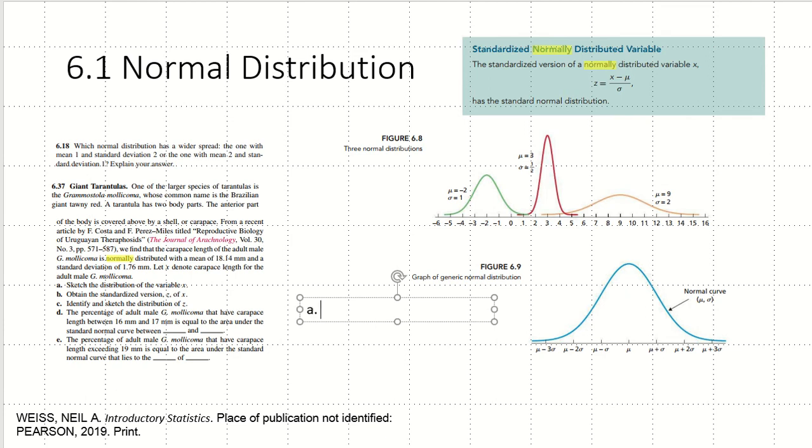But let's say I'm going to do the ends. I'm going to do mu minus 3 sigma, and then mu plus 3 sigma. I'll do those two for us together, and then you can always verify my calculation.